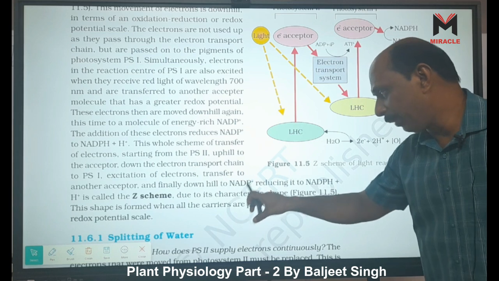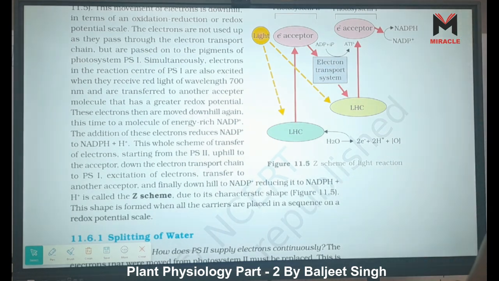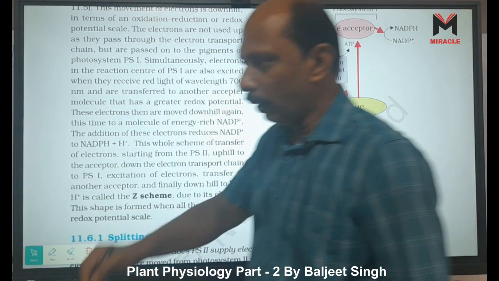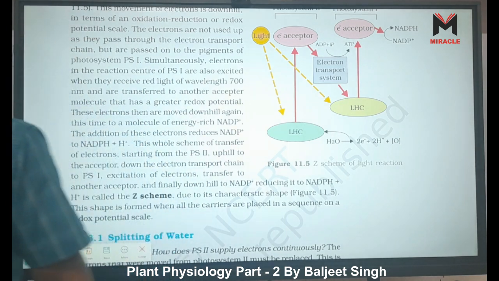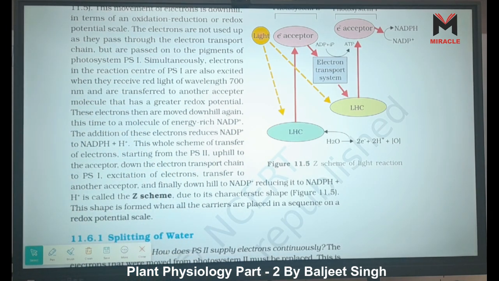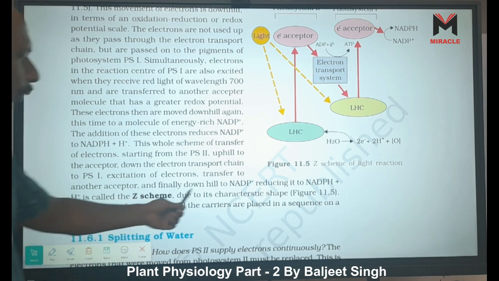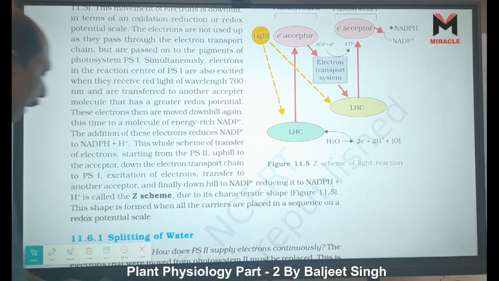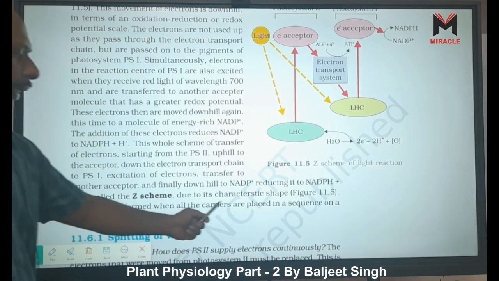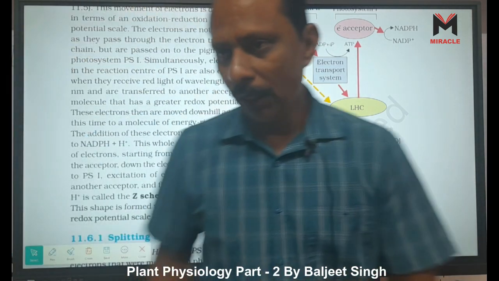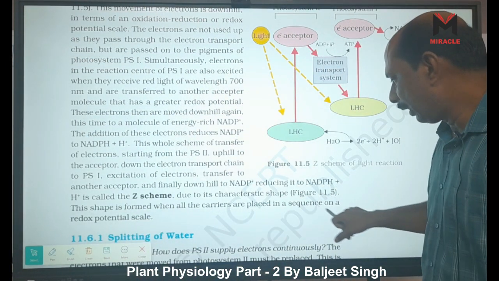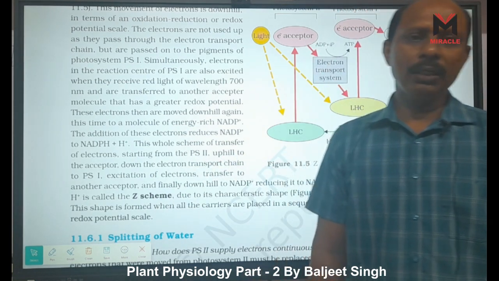So NADP is reduced into NADPH2 because uphill, downhill, then uphill, and now downhill. That is a Z structure. That's why it is called the Z scheme, due to its characteristic shape, right? This shape is formed when all the carriers are placed in sequence on a redox potential scale.